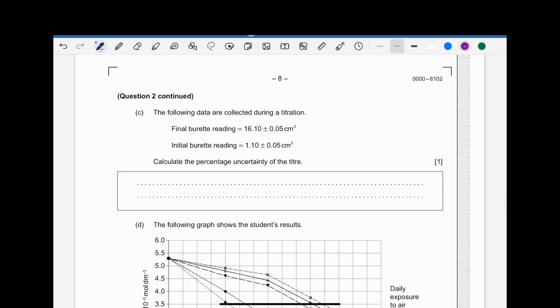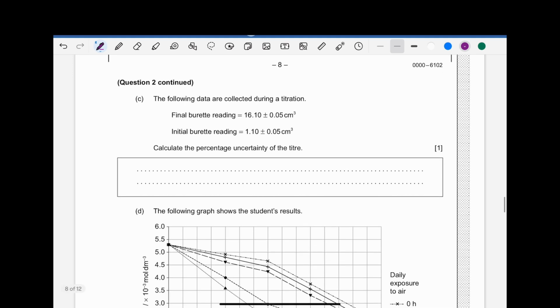Okay, C. The following data are collected during titration. We have a final burette reading and an initial burette reading. Calculate the percentage uncertainty. We have to add the absolute uncertainties here, and then we need to find the titer. So titer, delta V, will be equal to final take away initial, so minus 1.10, and that comes to 15.0.